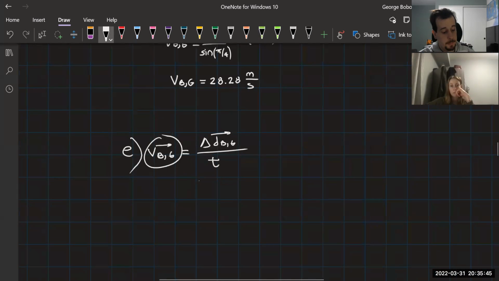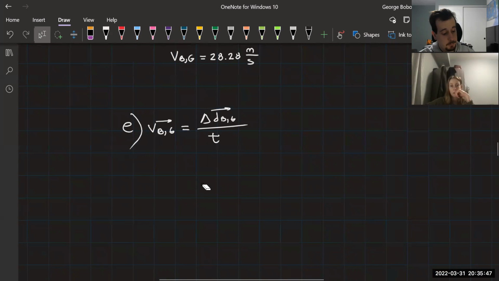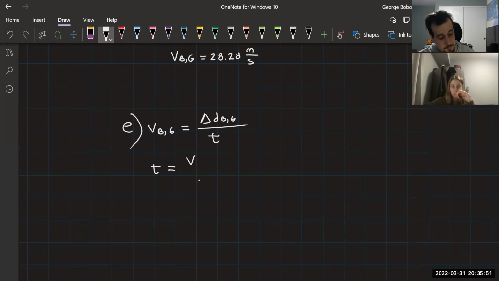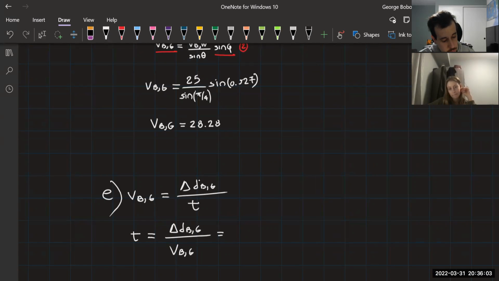This is VBG. So if you want the time, you're just going to rearrange this equation. You're going to get delta displacement, which is the 50 kilometers, divided by the velocity we just found. That's not meters per second. That is kilometers per hour that we've been working on.